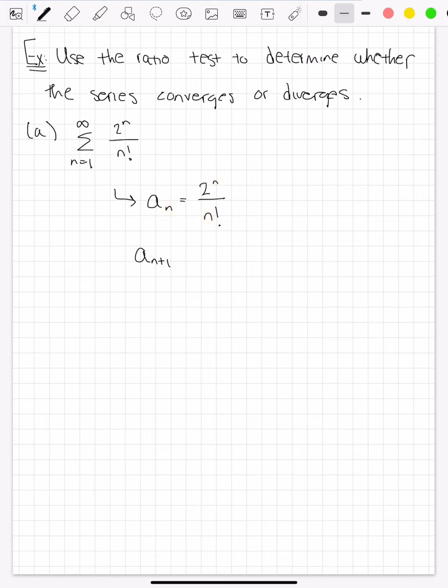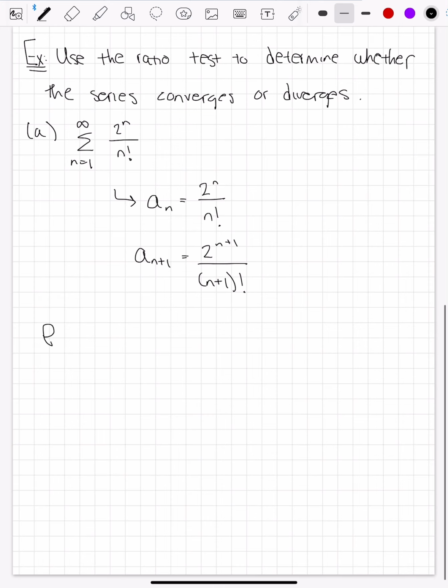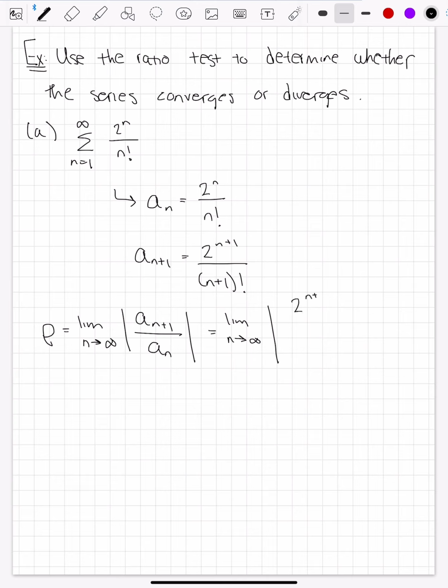So a_(n+1) is 2 to the n plus 1 all over n plus 1 factorial. Now let's derive our rho, whose formula was the limit as n approaches infinity of the absolute value of a_(n+1) divided by a_n. Let's plug in our a_(n+1) and our a_n: 2 to the n plus 1 over n plus 1 factorial, all over 2 to the n over n factorial.